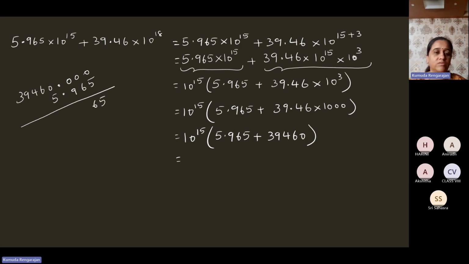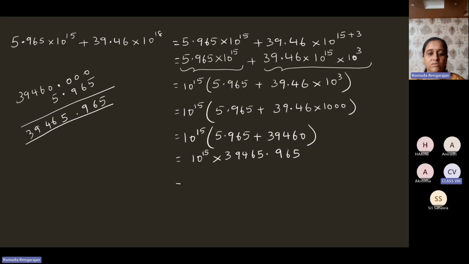So 39465.965. Correct, ma'am. Very good. So 10 to the power 15 into 39465.965. So this is nothing but 39465.965 into 10 to the power 15.